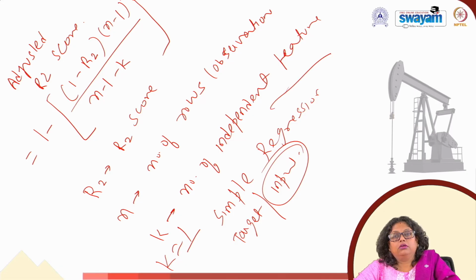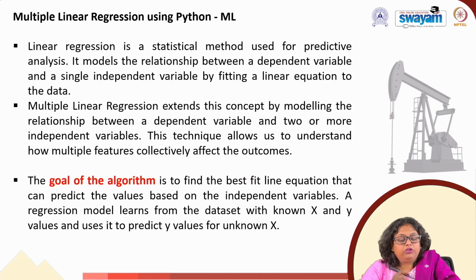Now next we have multiple linear regression using Python in machine learning. We now have a good idea of simple linear regression, and we are moving to multiple linear regression.